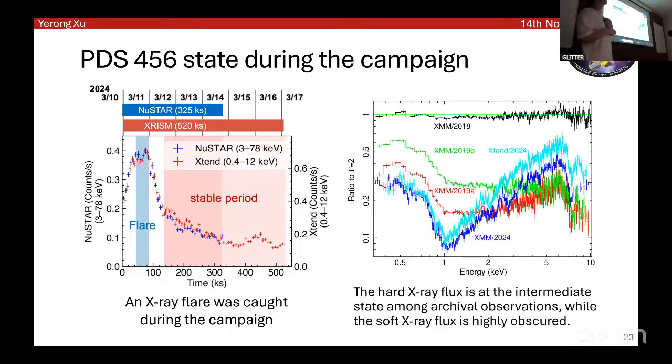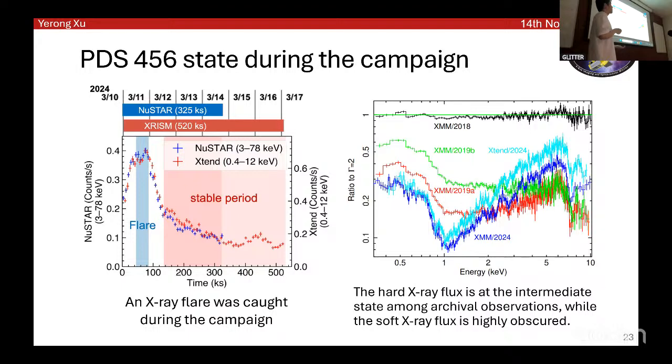When we look at the CCD spectrum on the right, the blue and cyan points correspond to the observations in this campaign, and we can find that in the soft X-ray band, below 2 keV, the target was at its faintest state in history. That limited the photon collection in the soft X-ray band, so we cannot have a good soft X-ray high resolution spectrum in this campaign.